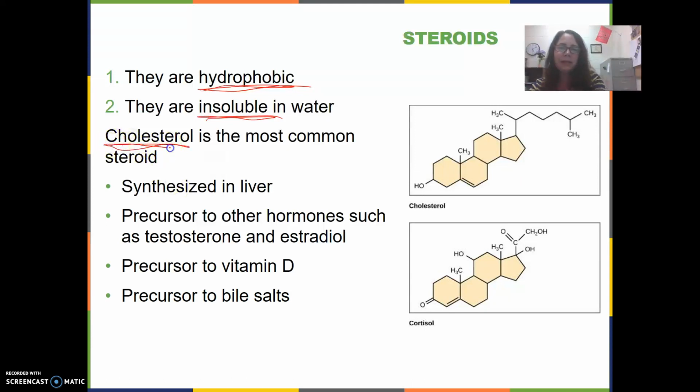Pay very close attention to this part, by the way. Synthesized in the liver. It is the precursor to other hormones such as testosterone and estradiol or estrogen and progesterone. It is the precursor to vitamin D. And it's the precursor to bile salts, which are found in bile that help emulsify fat.